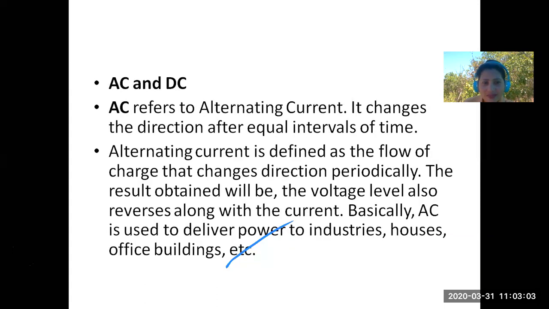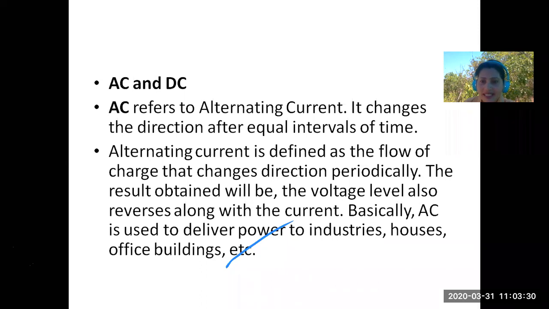Now, have you heard about AC and DC in the physics context? If no, then we will know about it. AC is alternating current. It is not alternative, please correct. It is alternating current.